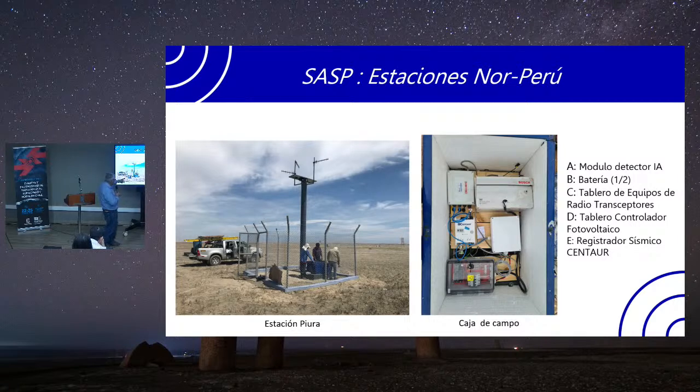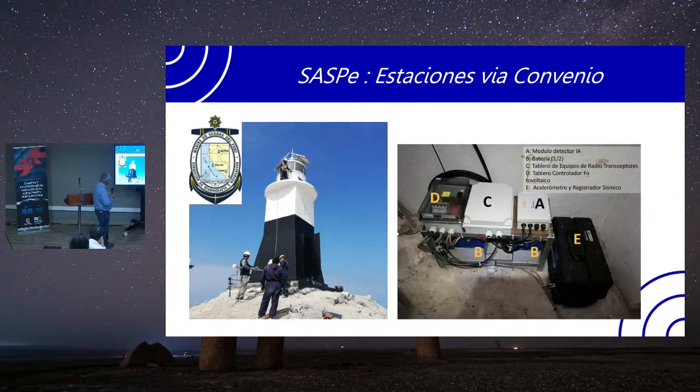We have a simple box within the station that have currently material like power supplies and a small box, no, that is developed in-house. Also, we work in cooperation with our Navy because we use also lighthouses along the coast to house many of these stations, as well as natural reserves along the coast.